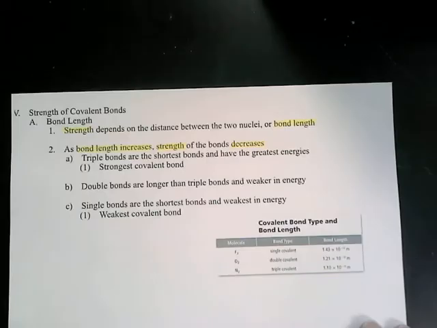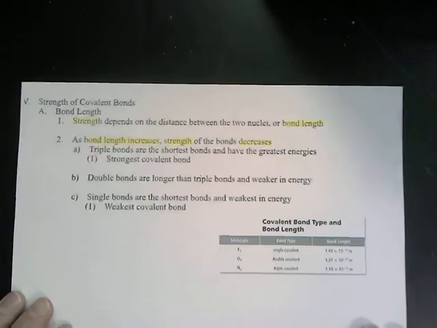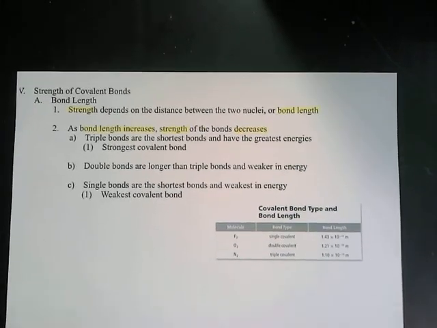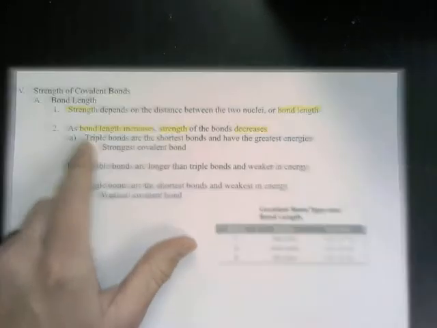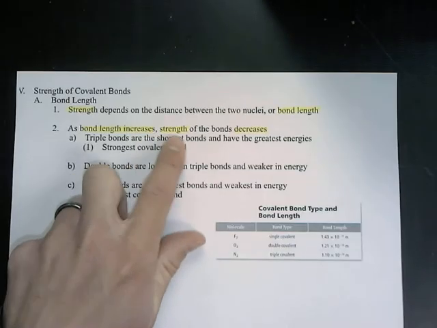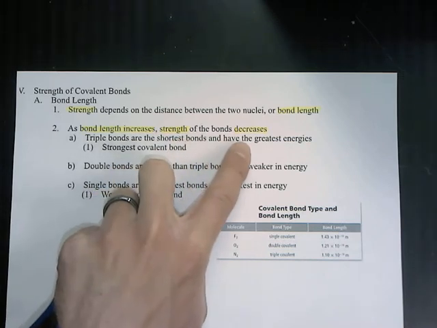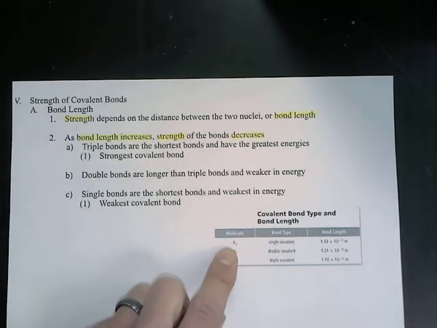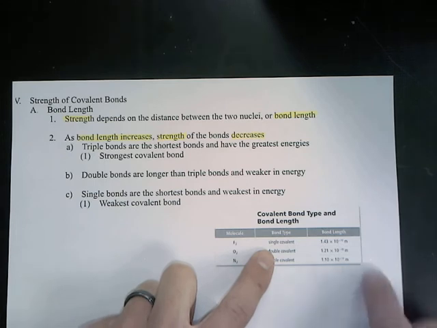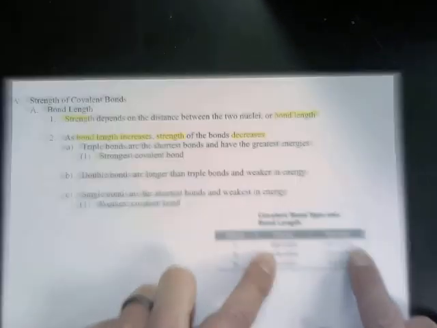Now, our last thing that we're going to talk about here is what happens with our bond length and our bond strength, okay? So, key thing here, as bond length increases, strength decreases. Our fluorine has a single bond. It has the longest.